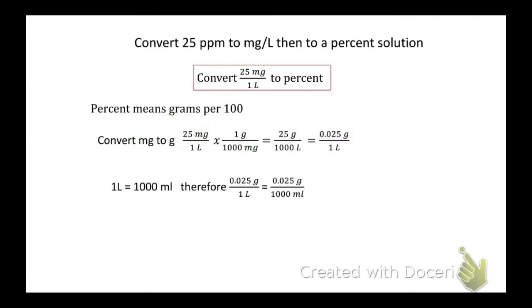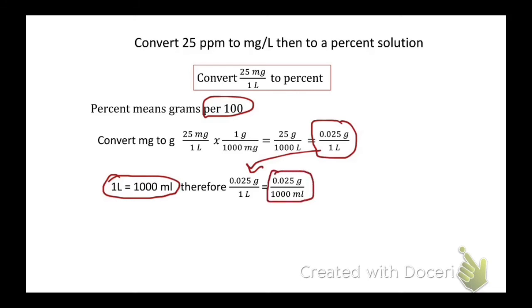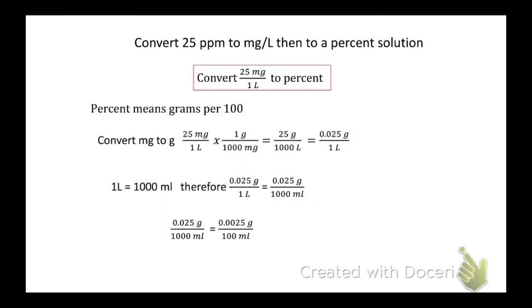Next, let's work on the per 100 portion. So to do that, we're going to remember that 1 liter is equal to 1,000 mils, so we can take this value and rewrite that as 0.025 grams per 1,000 mils. And now we can reduce that so that we get to 100. Now to do that, we're going to move the decimal point over 1 in the denominator so that we go from 1,000 to 100.